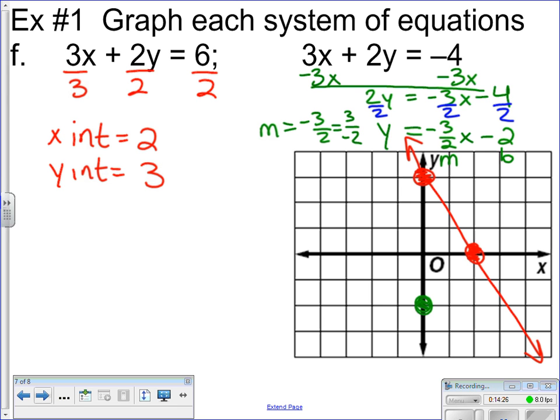That way I could go up 3 and back 2, and I'm still on my coordinate plane. And you notice if you graph this, these two lines do not intersect. So this system of equations has no solution.